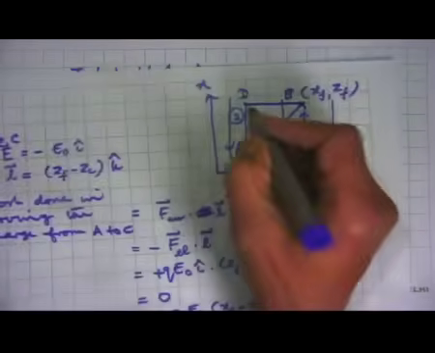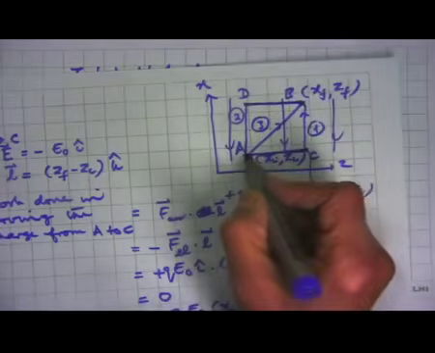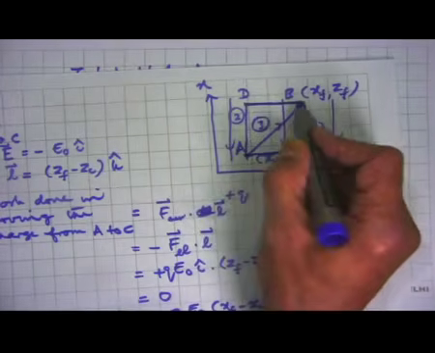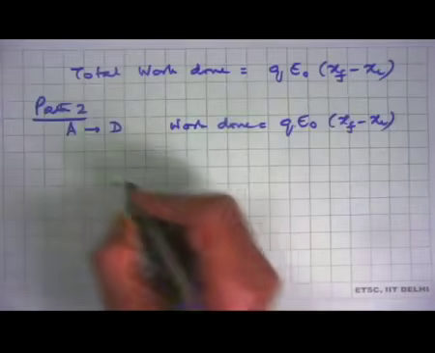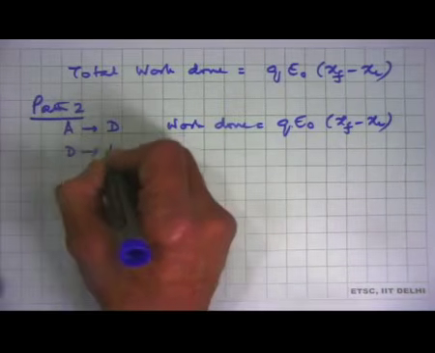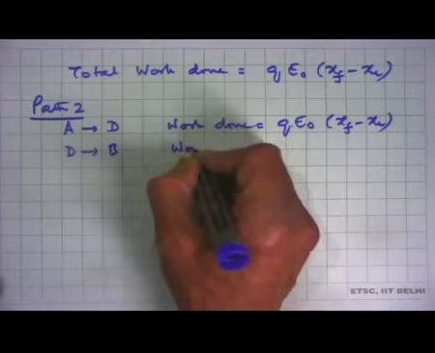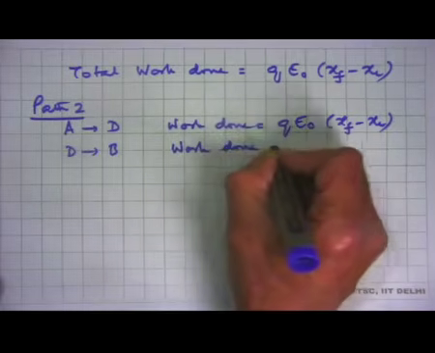In going from D to B, just like in going from A to C, I have to move perpendicular to the electrostatic field, and so no work is being done. So, D to B work done is equal to 0.